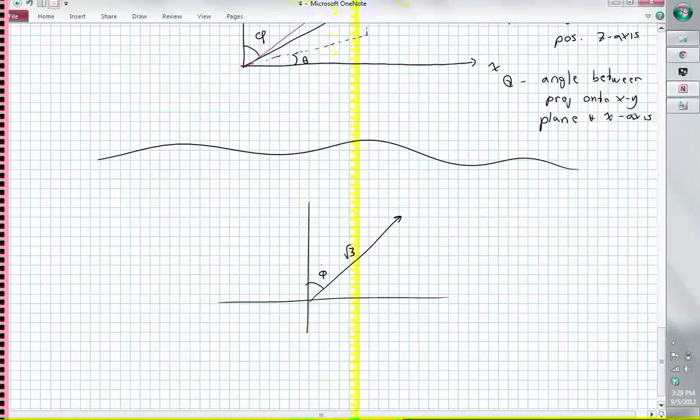So I've got this distance root 3 and this angle phi. Do I have enough information to get phi? If you make a right triangle with one side on the x-axis and you know how tall it is, it's just going to be 1 tall. Right, z was 1 in this case.